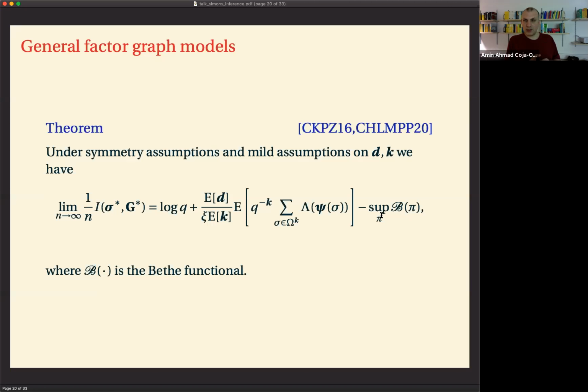These symmetry assumptions basically postulate that there must be a trivial fixed point to your belief propagation recurrence. For example, in the stochastic block model, this would be the fixed point where all the messages are the uniform distribution on colors. In other words, if you know nothing, then this should be a fixed point to your belief propagation equations.